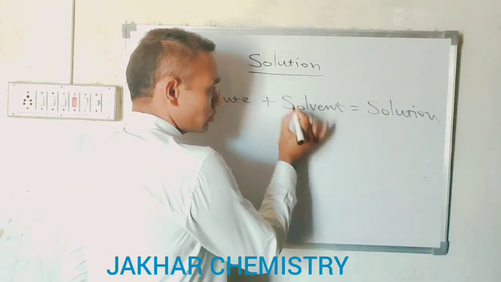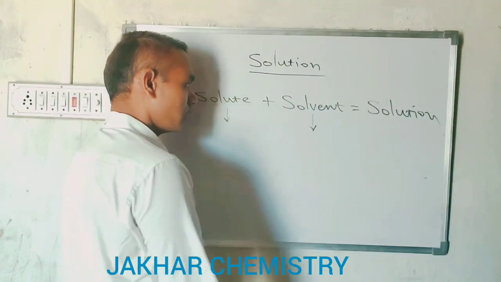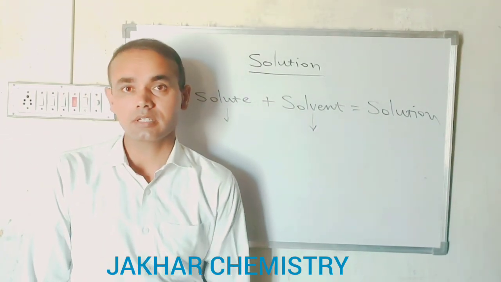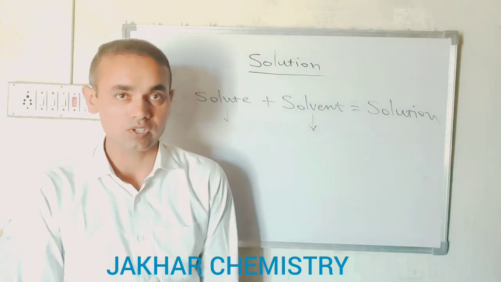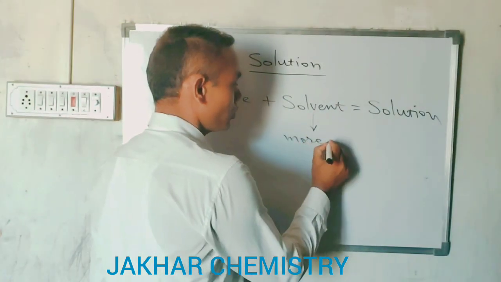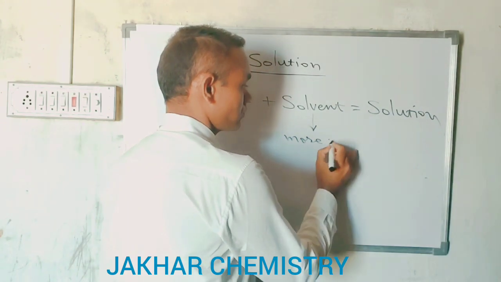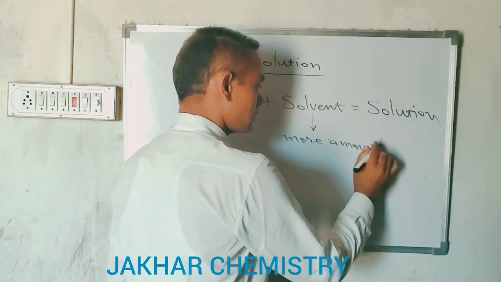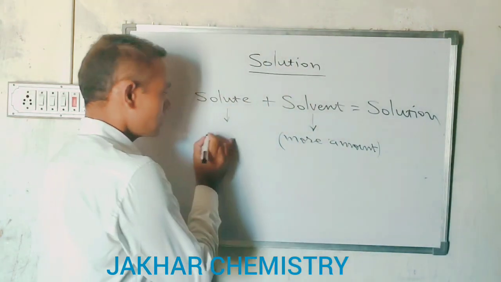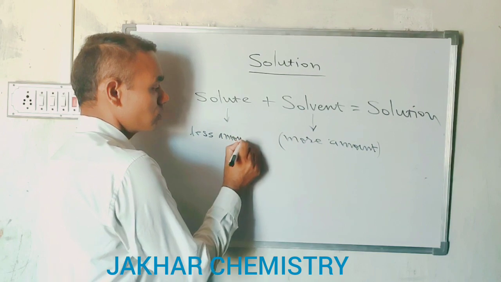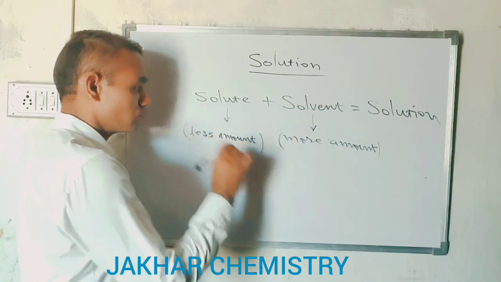Now, the criteria to determine solute and solvent. Here the criteria to determine solute and solvent is the relative amount of components. If a component has relatively more amount, then it is known as solvent, and a component having less amount is known as solute.